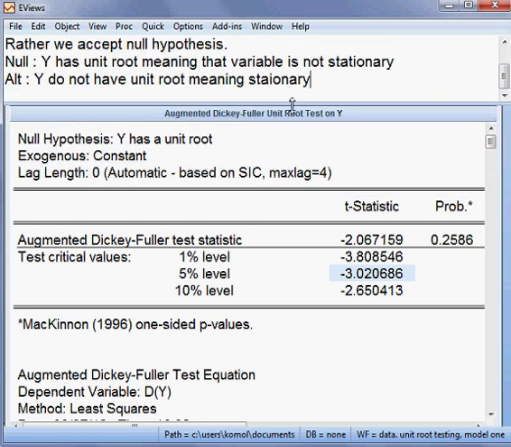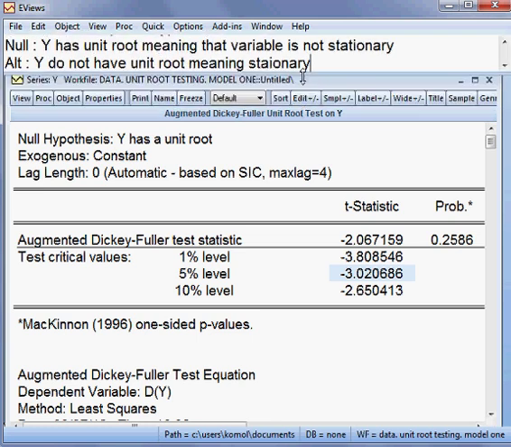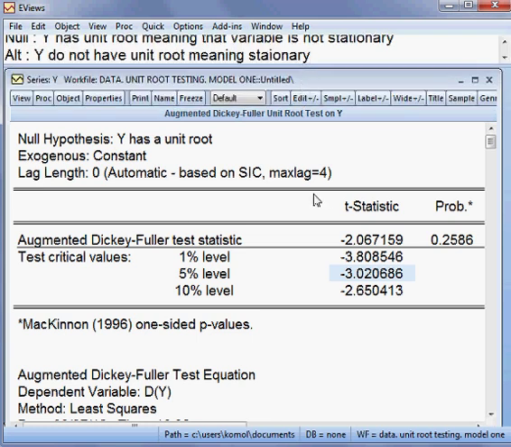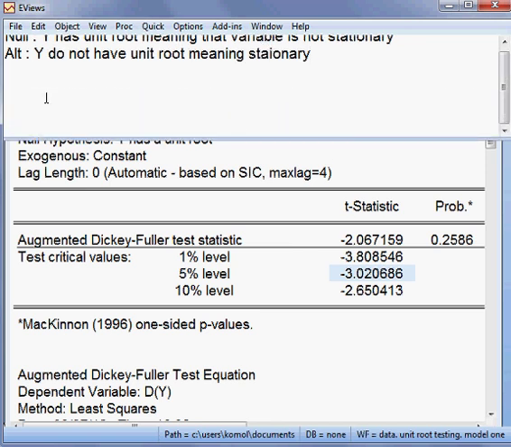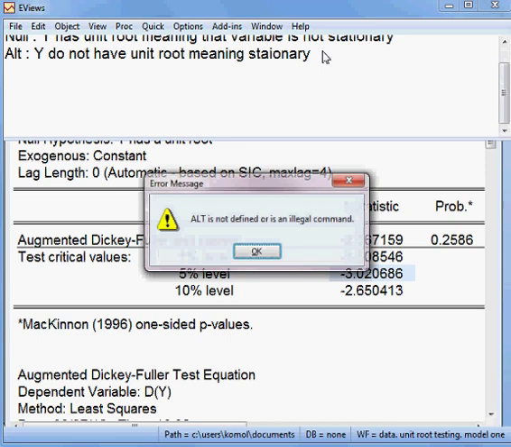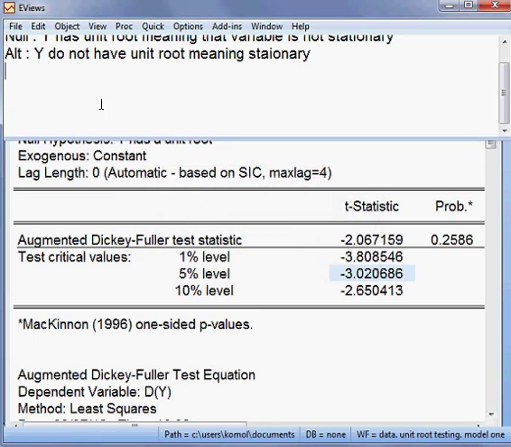So here, what is happening? You can see the augmented Dickey-Fuller test statistic is 2.0671.